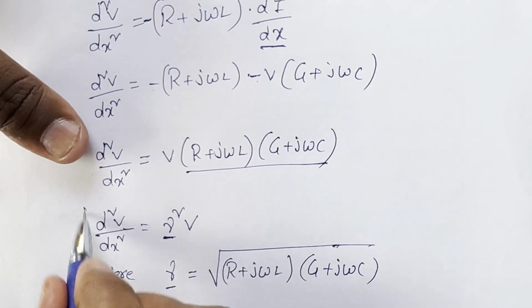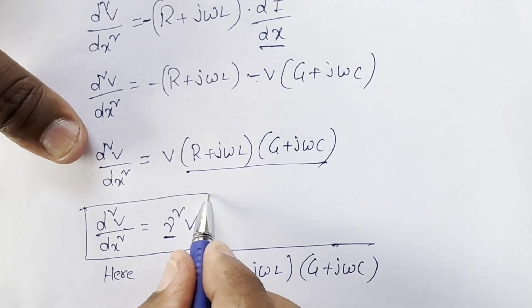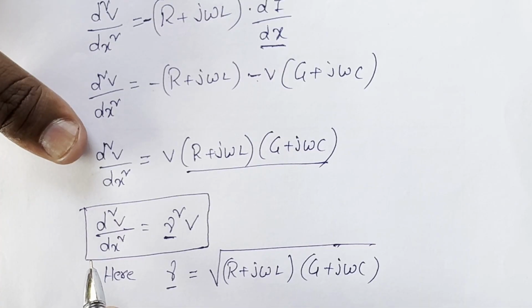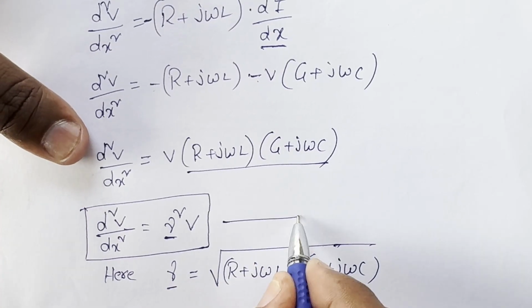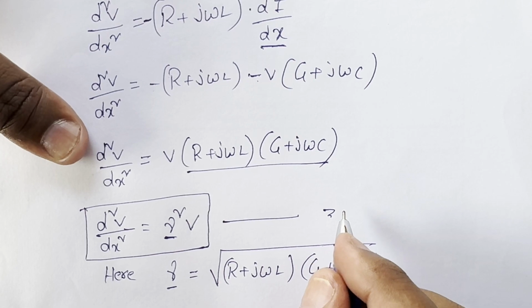So d square V by dx square is equal to gamma square V. Write it as equation number 3.